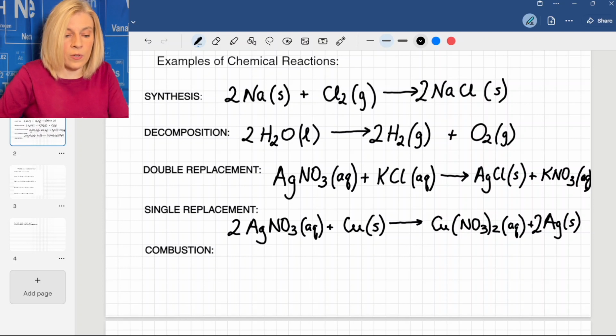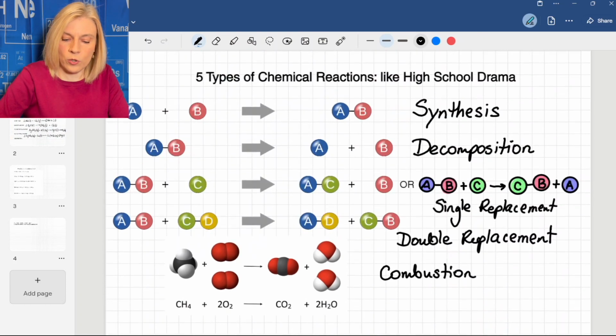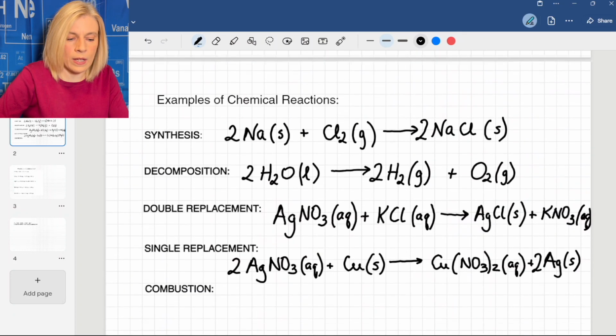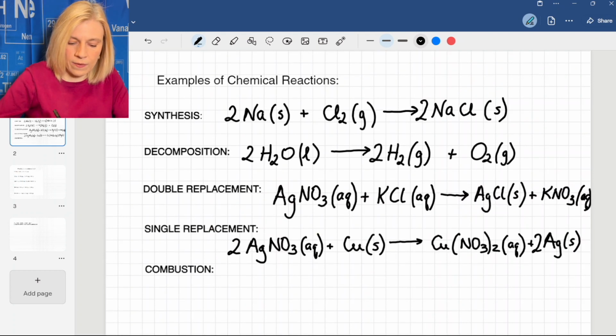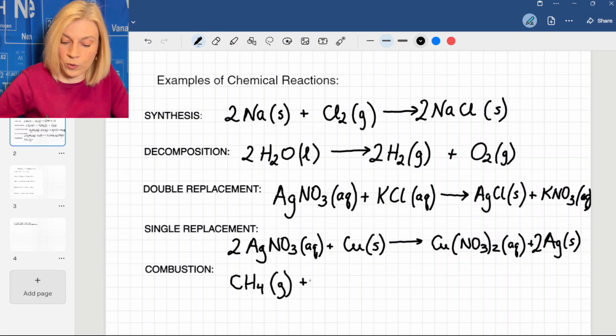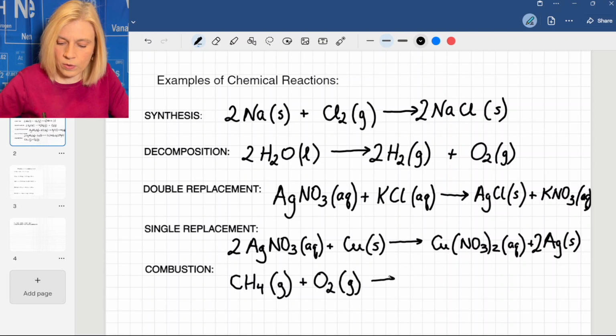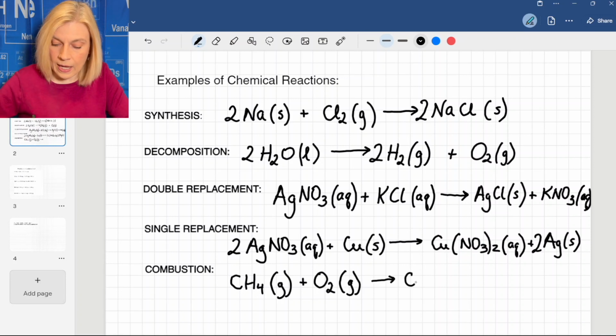And a perfect example of a combustion reaction is what you already saw. It's burning of methane gas. So if you have a gas burning stove, you have the reaction happening in your kitchen, where our carbon-containing compound is methane. It's a gas. It's going to burn with oxygen, also gas, to produce carbon dioxide gas plus water.